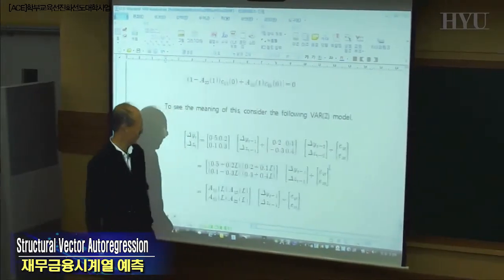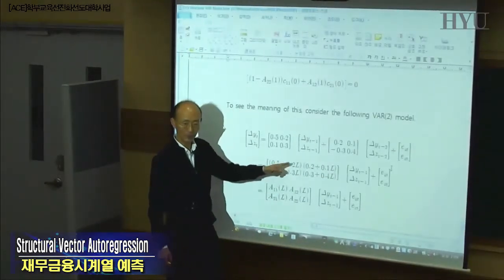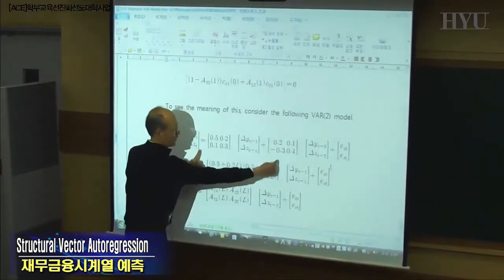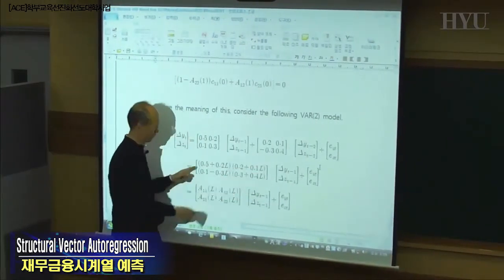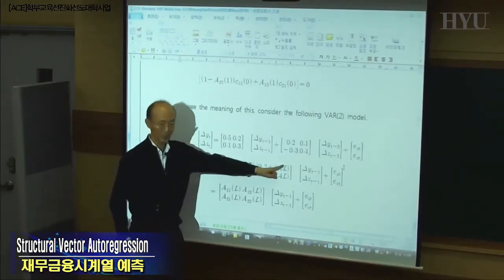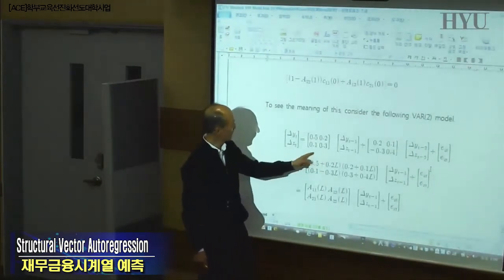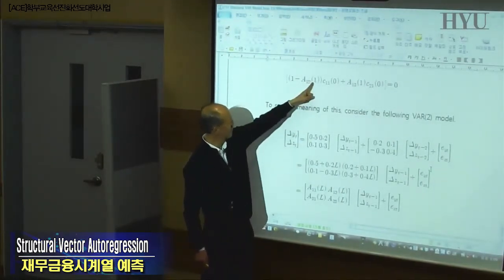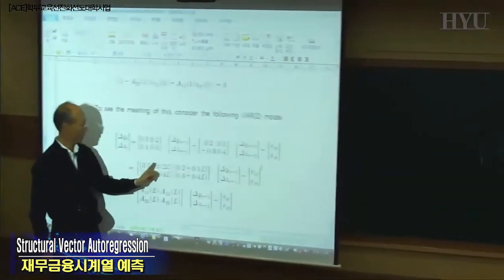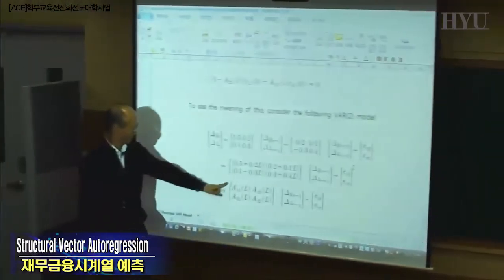Second one. And similarly, this one and that. Right? So when you write it this way, this is A of L, 2 by 2, function of L, right? So this part is A11L. This is A12L, A21L, right? This one.